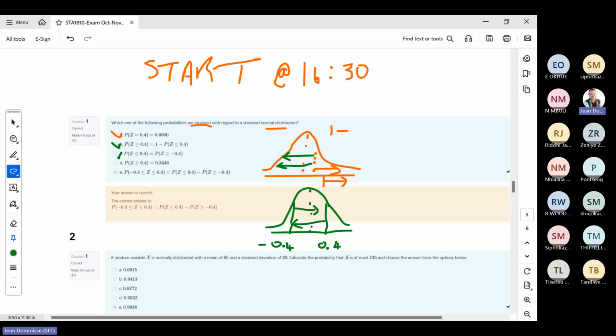Then we check the probability of Z bigger than 0.4.